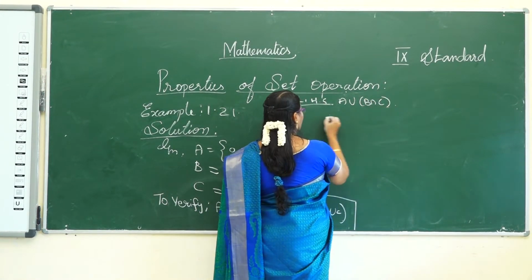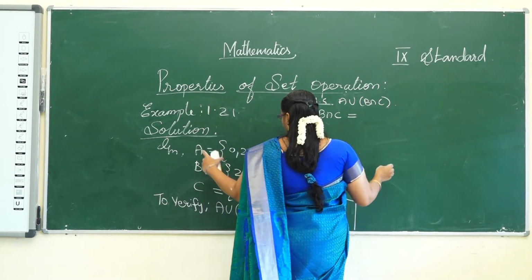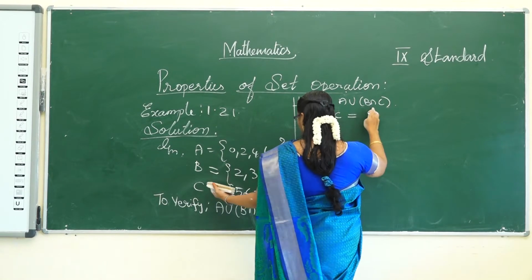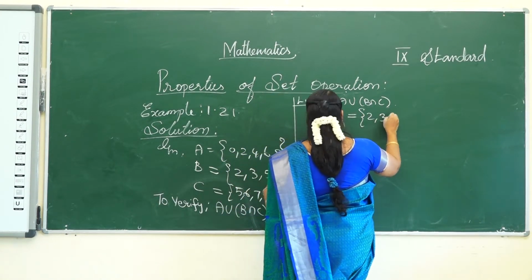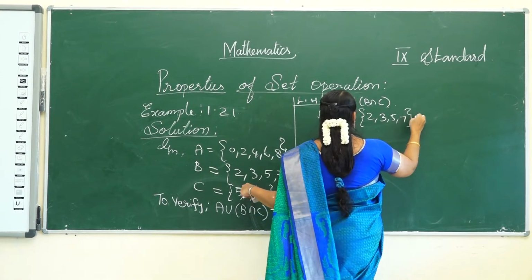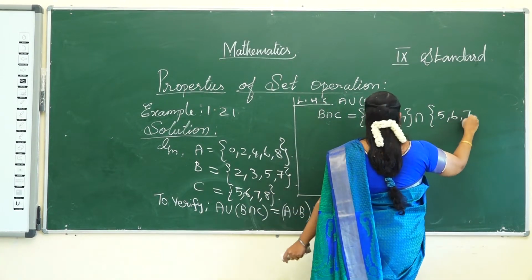First preference goes to the parenthesis, so B intersection C. B is 2, 3, 5, 7 and C is 5, 6, 7, 8.